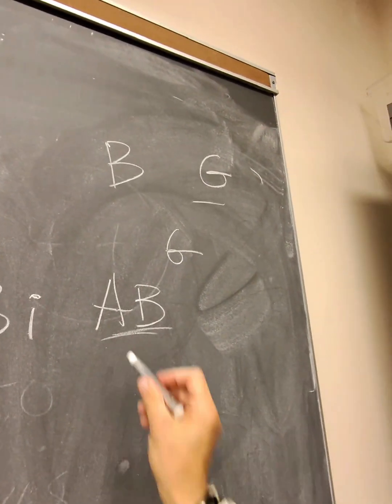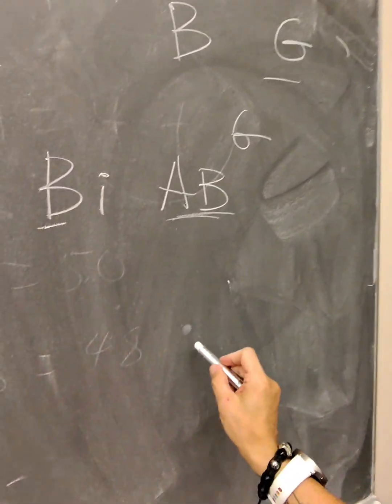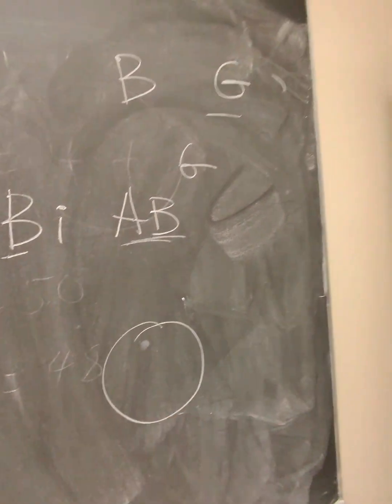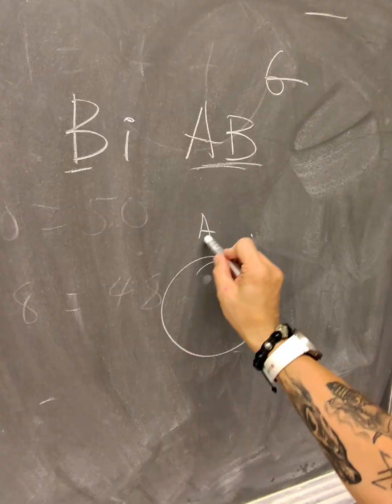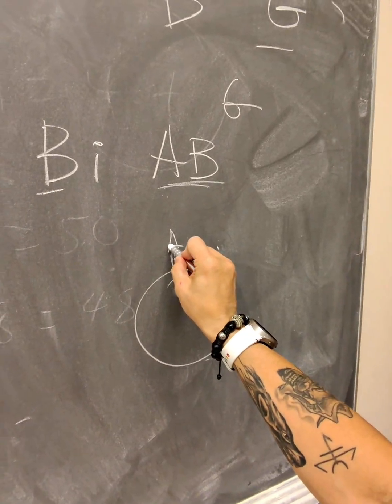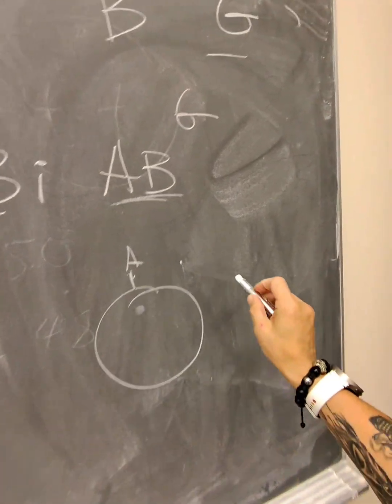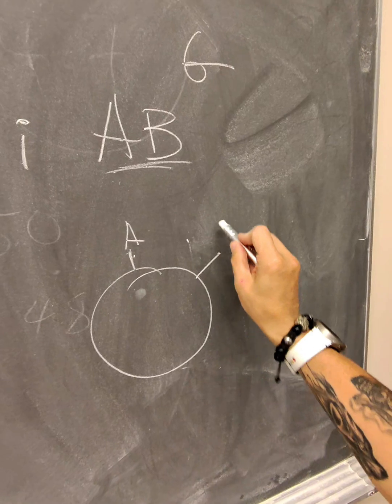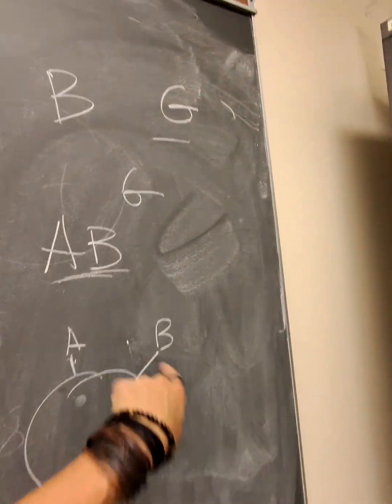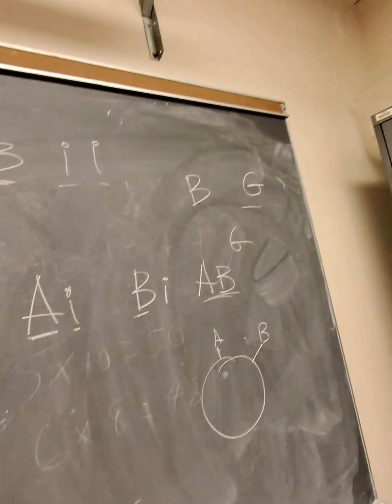Both are dominant, so both would be expressed on the blood cell. This is the antigen A, so this is the A blood type. If the person has two antigens, that's A and B. You know what the antigen is.